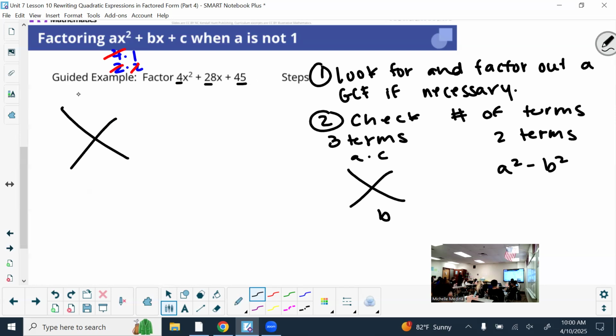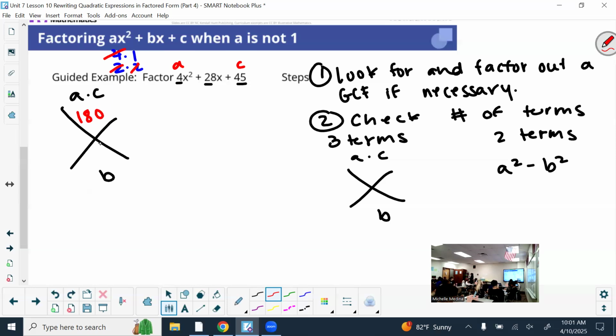We're going to do A times C on top, B on the bottom. Table 4, what will be my A times C for this one? Okay, so that's my A and my C, multiply them together. Not the x squared though, we never include the variable, just the number in front. 180 is my top number this time.